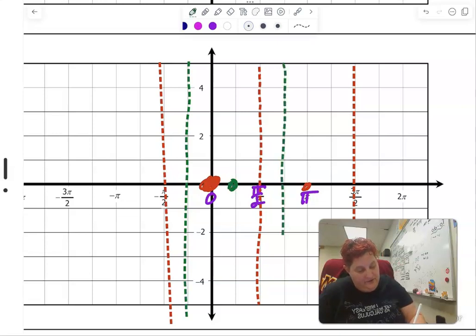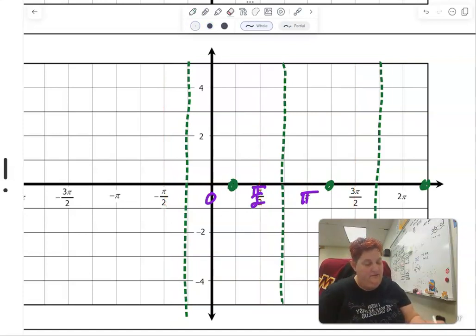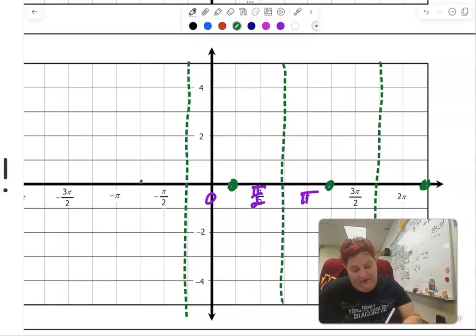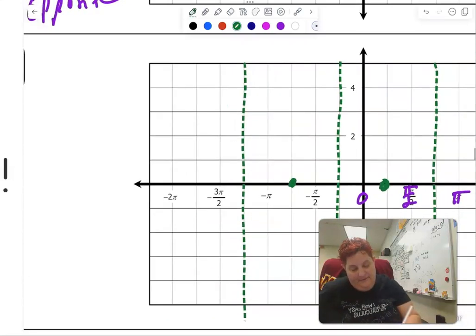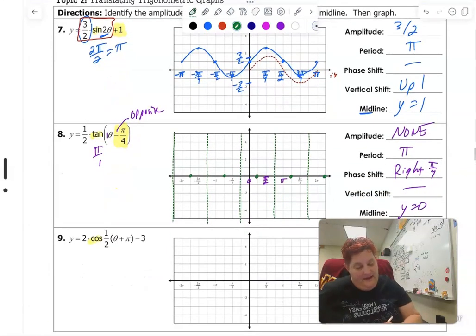I'll move that asymptote over 1 box, the 0 over 1 box, the asymptote over 1 box, 0 over 1 box. Okay? Now, if it's too hard for you to see, you can erase some of the other graph that we had on there. But now you can see what this looks like. You just follow the pattern. A point, an asymptote, a point, an asymptote, okay? And that's good, so I shifted it over.